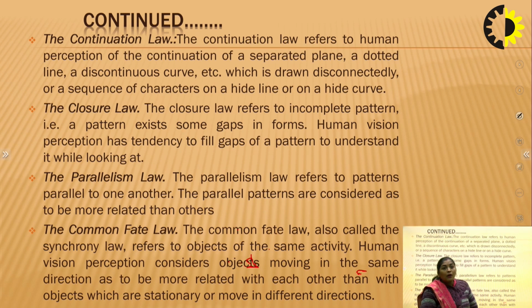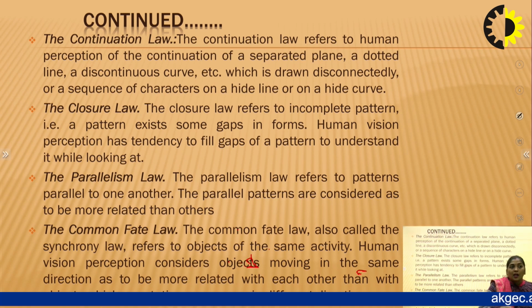The closure law refers to incomplete patterns, that is, a pattern that has some gaps in its form. So we create images by filling the gaps. In the closure law, we see the gaps in the image, and then we try to complete those gaps. So that is the closure law.